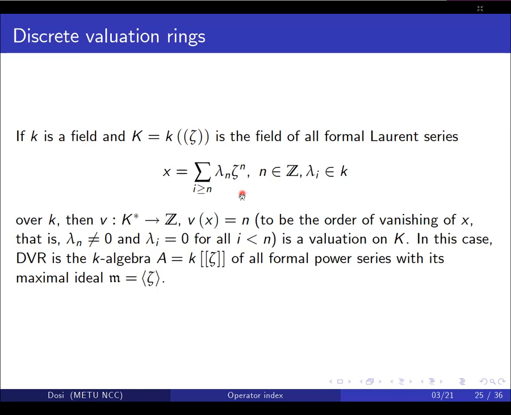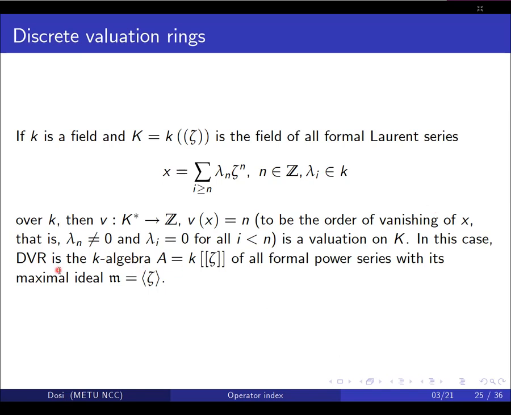So we can measure, for example, the order of vanishing of x, the least possible n where lambda n is non-zero. Anyway, this v turns out to be exactly a valuation on K.